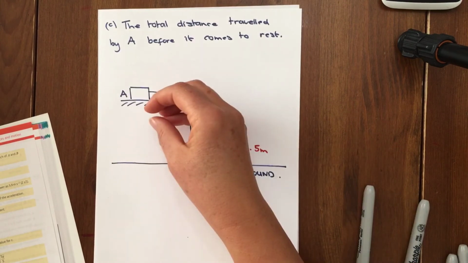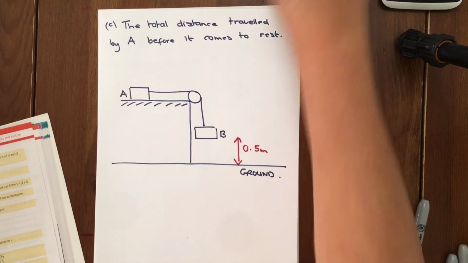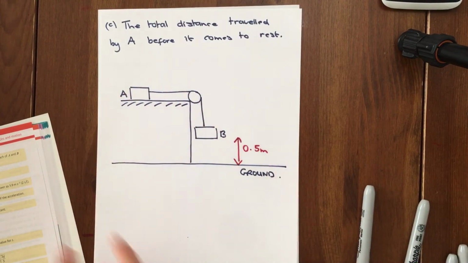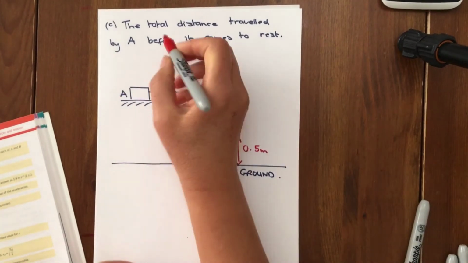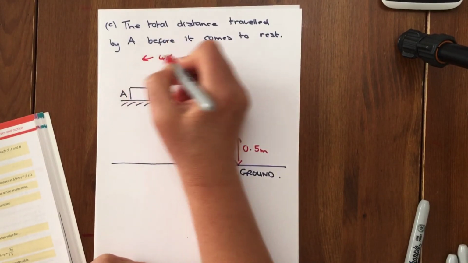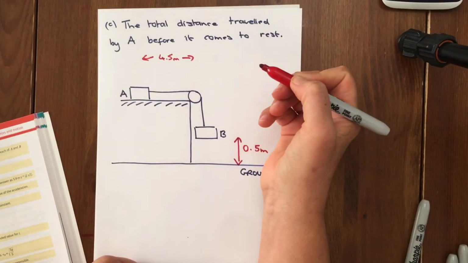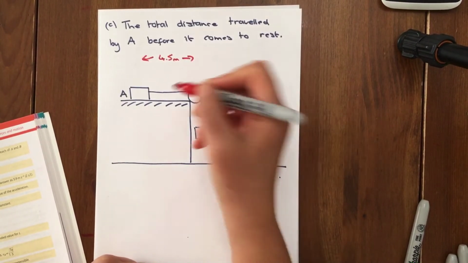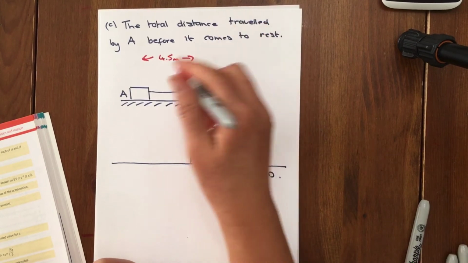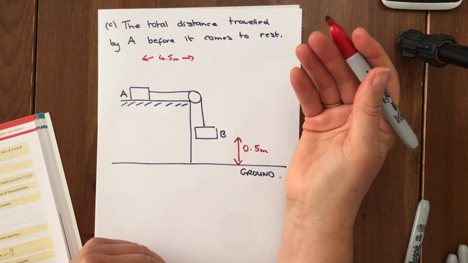Now we're told right back at the beginning that the distance of A to the pulley is 4.5 meters, and that's really important because if A was to travel more than 4.5 meters, it's going to hit the pulley, and we don't want that to happen. So normally, in all the questions I've seen, it never hits this pulley because then mechanics gets incredibly difficult.